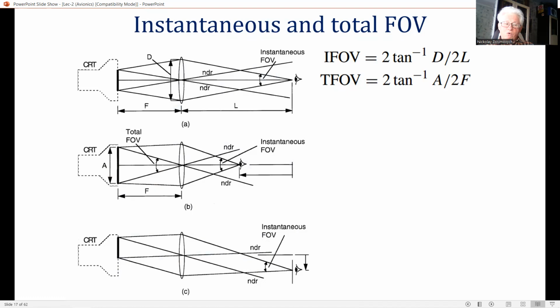The IFOV is generally only about 2/3 of the TFOV. It can be seen from figure C that by moving the head up or down or even side to side, the observer can see a different part of the TFOV. Also, the IFOV is unchanged.